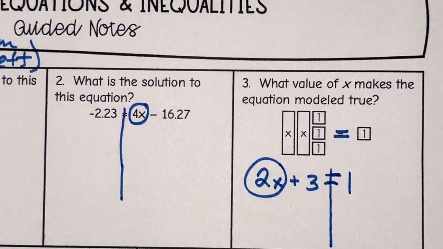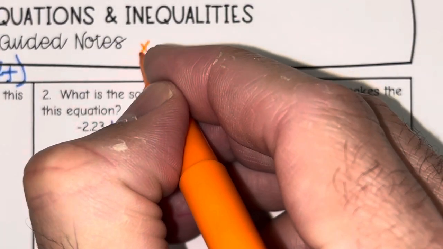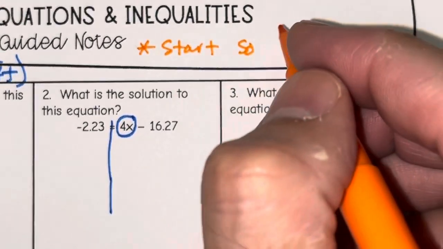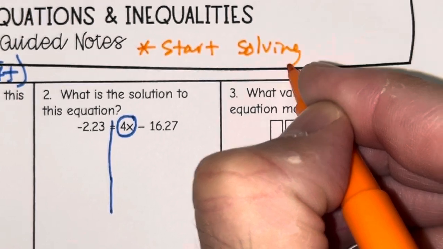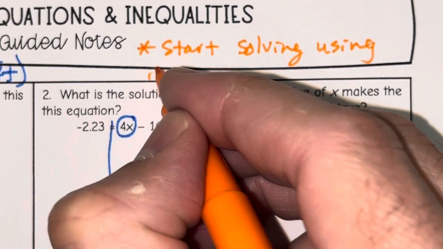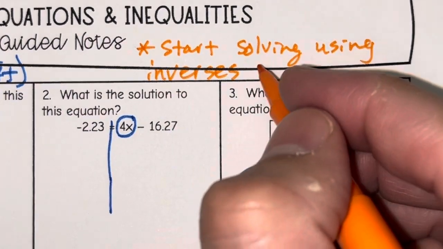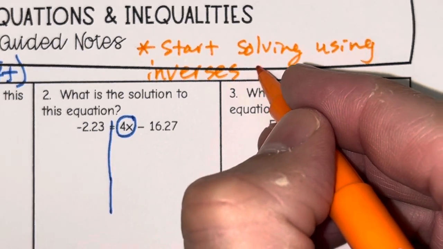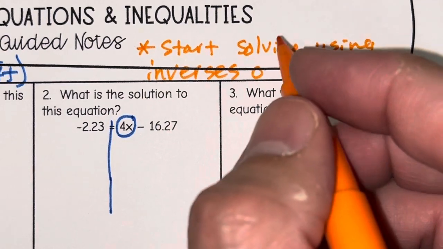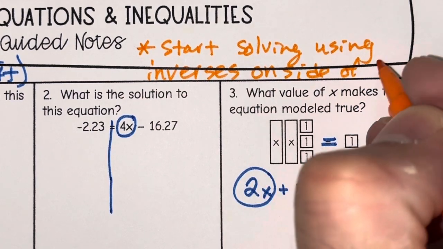Okay, so after we circle the variable term and we separate our solving sides, then we are going to start solving using inverses, and we're going to start on the side of the variable.